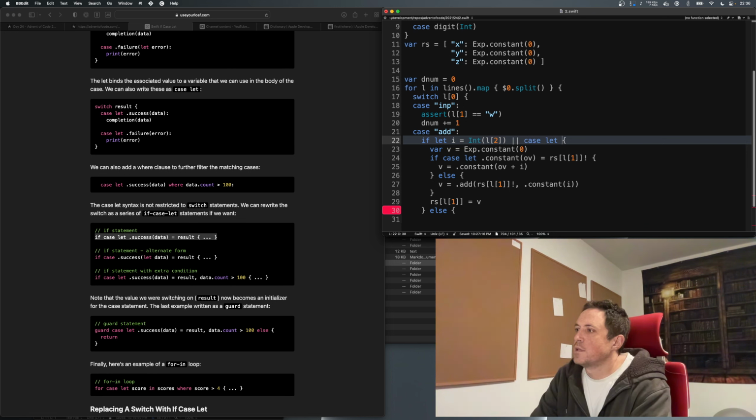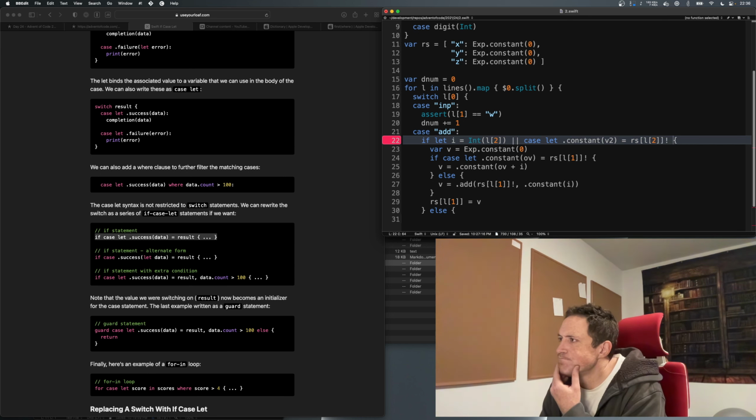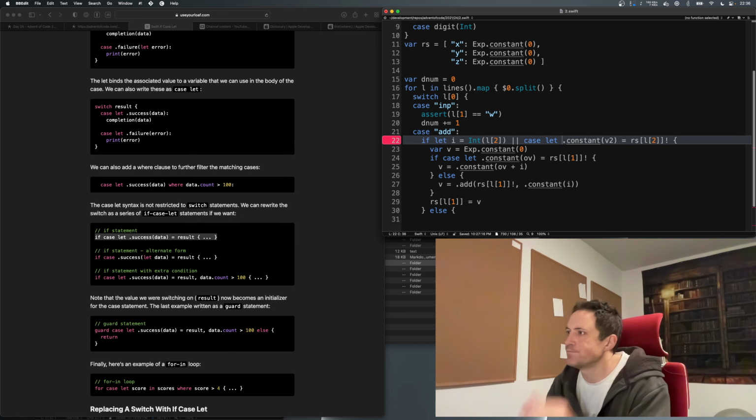Case let constant value 2 RSL2 bang. Does that not work?